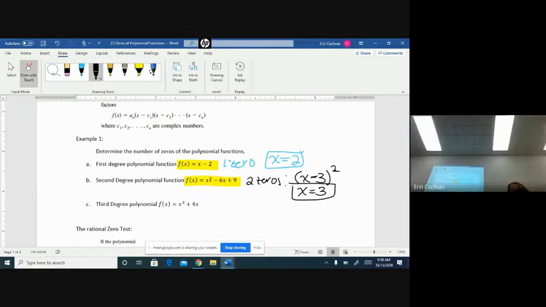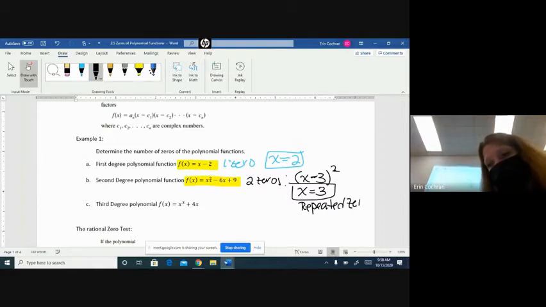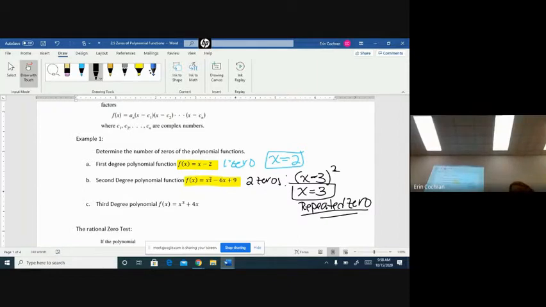So in this one, we technically only have one real solution because it touches the 3 and goes on, because this is known as a repeated zero. We do still have 2 zeros, but it's the same one because it's a repeated zero. Because that exponent is even, it just touches the 3 and then turns from there. It doesn't actually go through that value.